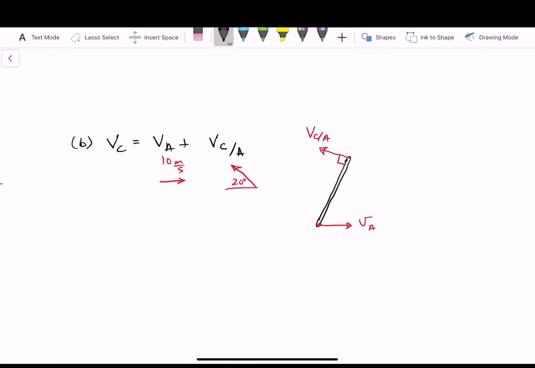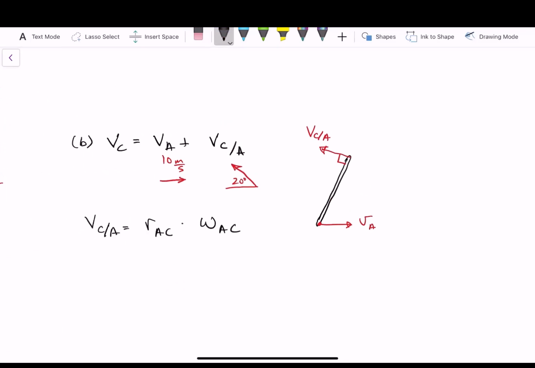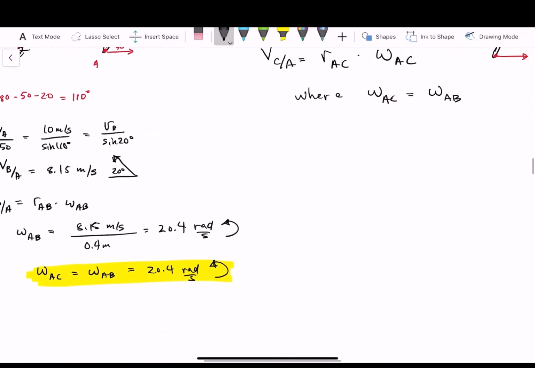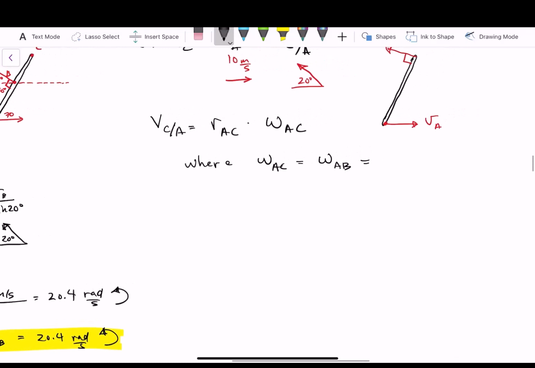We can state that the velocity of C with respect to A is equal to RAC times omega AC, where omega AC is equal to omega AB, which we had already found over here, of 20.4 rads per second.